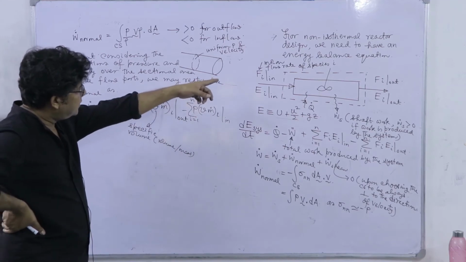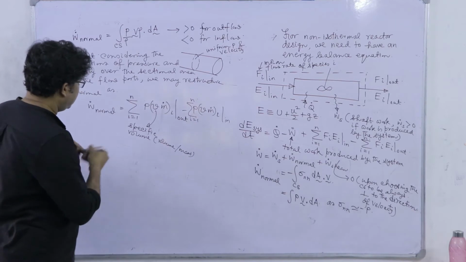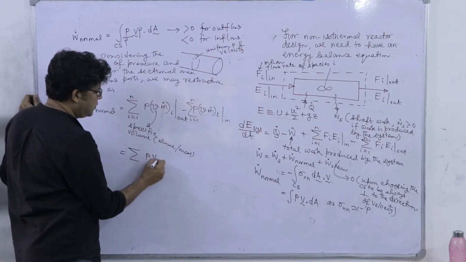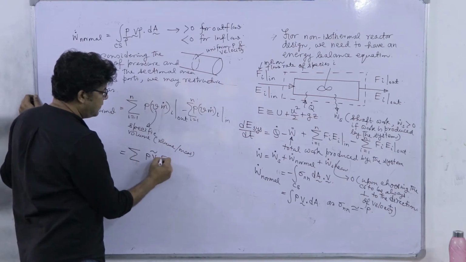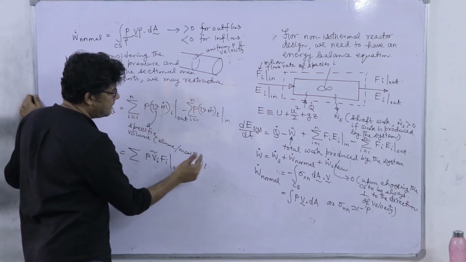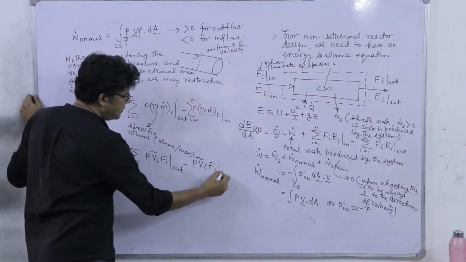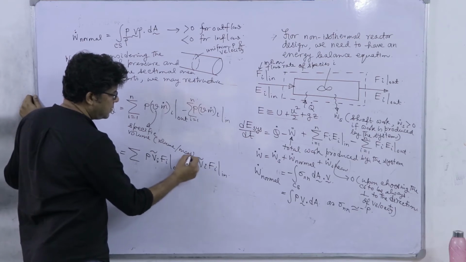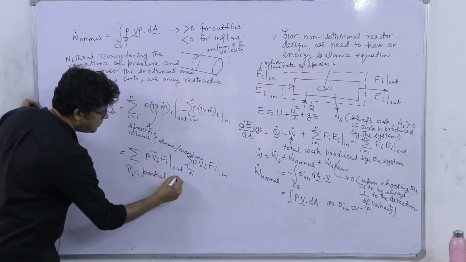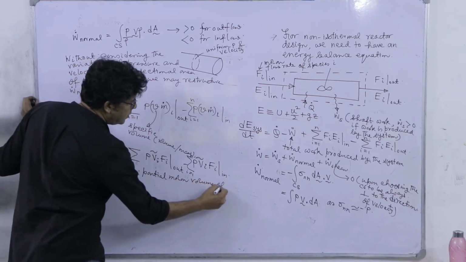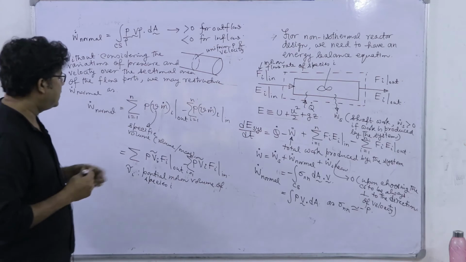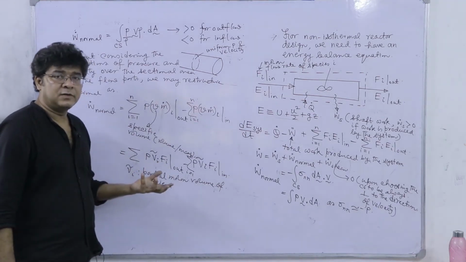And here Fi is the molar flow rate. So we can further restructure this as P into Vi tilde into Fi for outflow minus P into Vi tilde into Fi for inflow, where Vi tilde is the partial molar volume of species i, because the partial molar volume into molar flow rate again gives you the total volume.